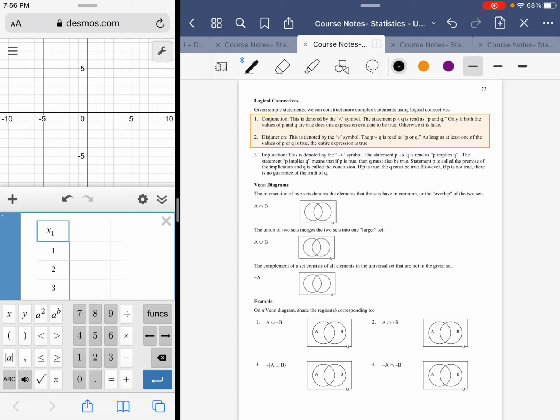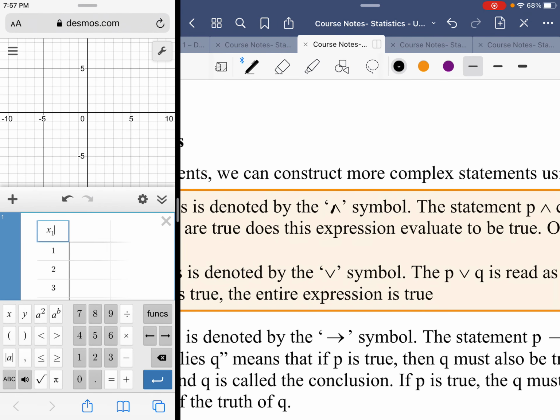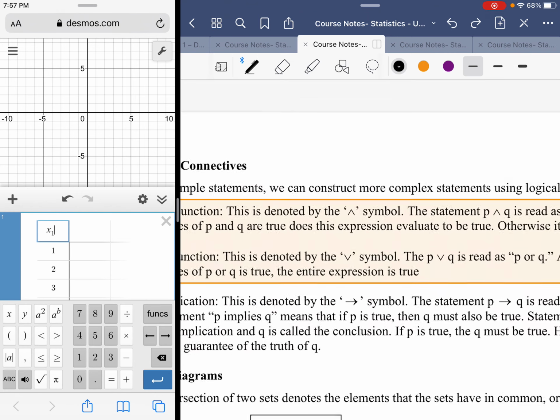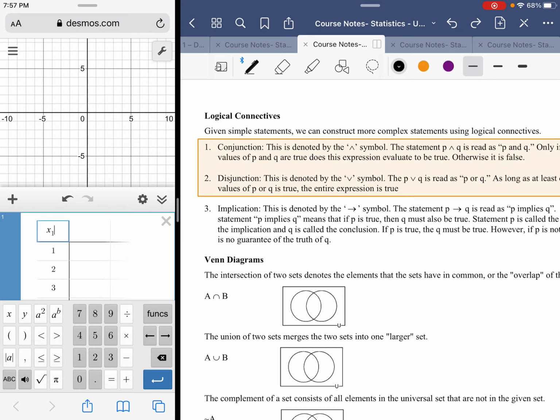All right, so what's a conjunction? Well, a conjunction is that almost 'and' symbol. If you look at it, it looks kind of like an almost letter A, for 'and'. So there you go.